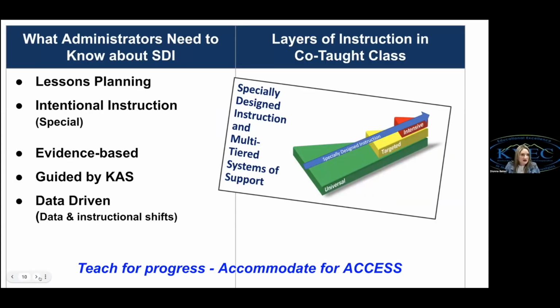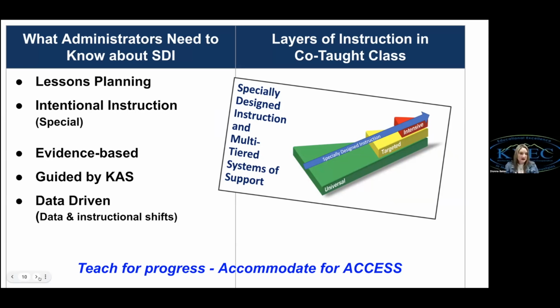So we start thinking about, this one is just talking about what administrators need to know. What are administrators looking for when they visit classrooms in terms of specially designed instruction? And what's happening in that instruction in the classroom? They're going to be looking at lesson planning.